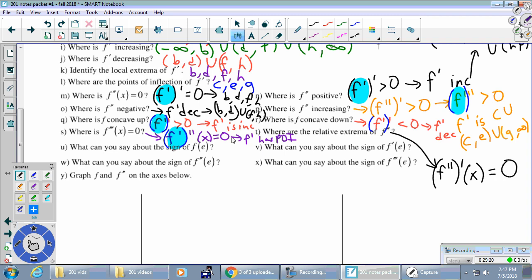If I've got some function and there's a relative max, then you would say, oh, probably there's a horizontal tangent line at that relative max. And so we're looking for places where the first derivative of the given function is 0, and the given function in this case is F double prime. And so this is really saying, where is F triple prime equal to 0?